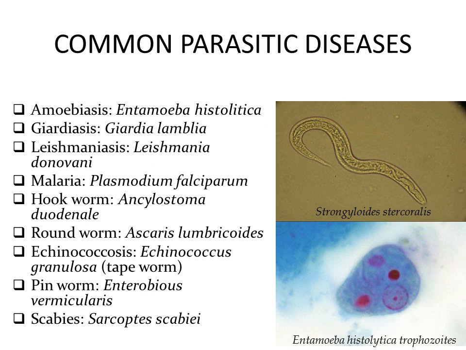Common parasitic diseases: amoebiasis, caused by Entamoeba histolytica. Giardiasis, caused by Giardia lamblia. Leishmaniasis, caused by Leishmania donovani and Leishmania tropica. Malaria, caused by Plasmodium species, falciparum being one of these species.